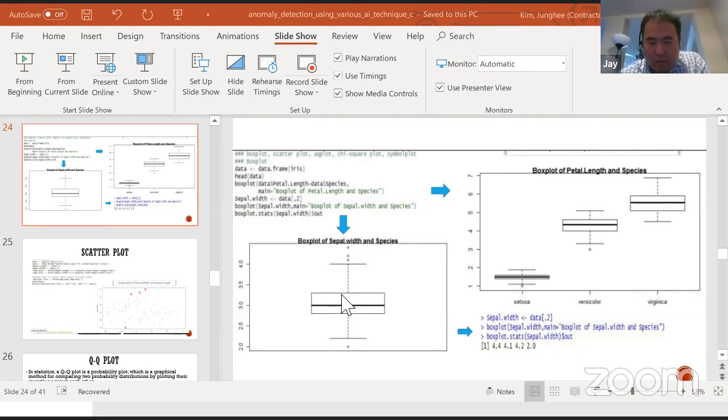Median, and then 1/4 of all the data here, it's a quarter, and then this is the third quarter, and then this is out of the range. And this one is the same thing: the median, 1/4, a quarter, then the third quarter, and the bottom is out of range. So our anomaly, it's not an anomaly but an outlier, will be outside of this min and max value. So you can think of it that way.